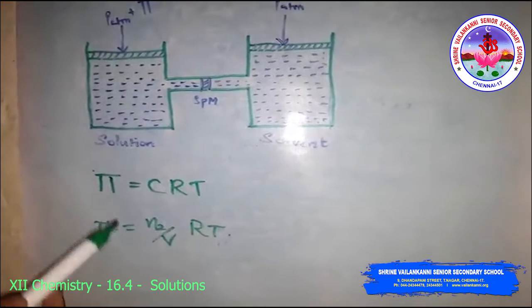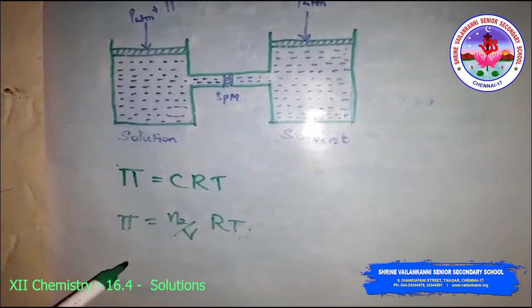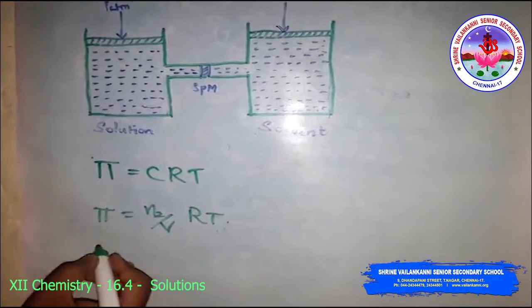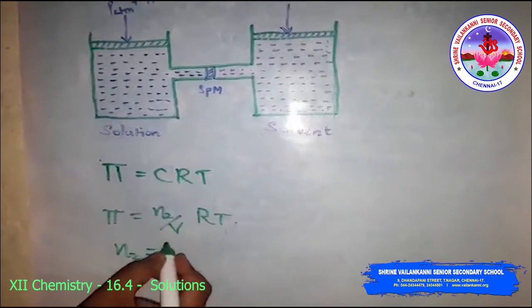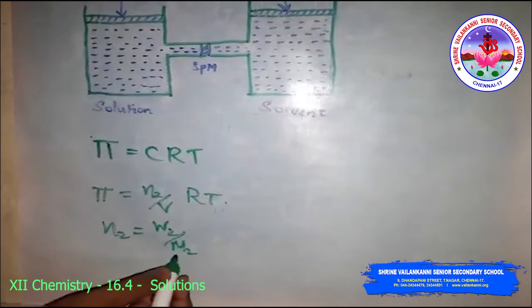If W2 grams of solute with molar mass M2 is present in the solution, then we can write n2 = W2/M2, the weight of solute divided by the molar mass of the solute.